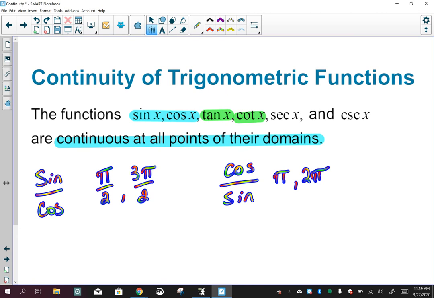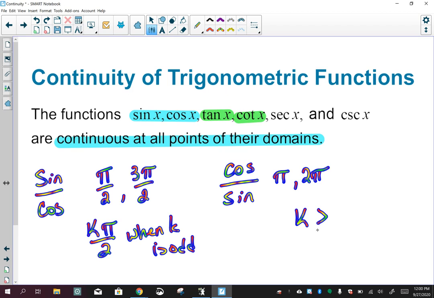So keep that in mind when you're doing these. And it's also their multiples. So if you think about this here, I've got a k value. So my k pi over 2 when k is odd. And then for my sine over here, I'm looking for all values where k is greater than or equal to 1.